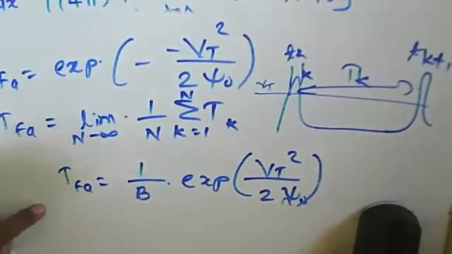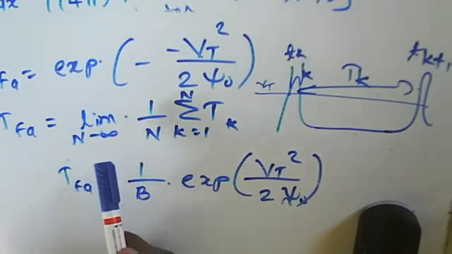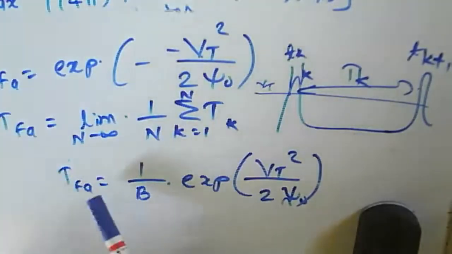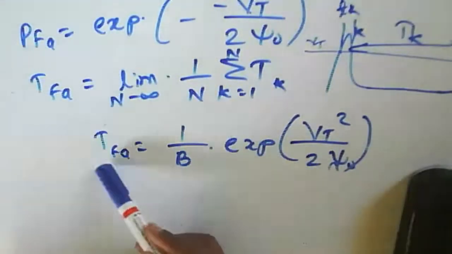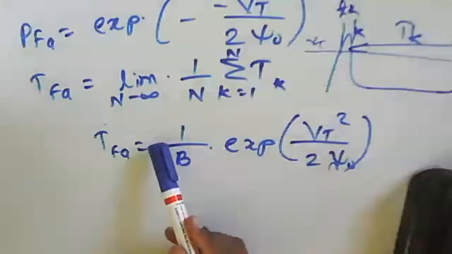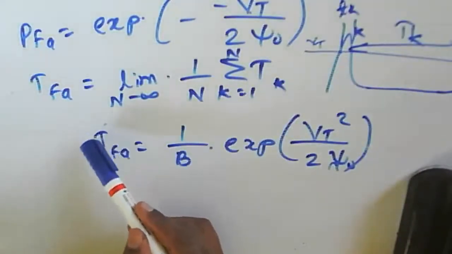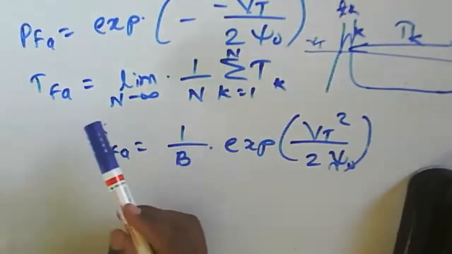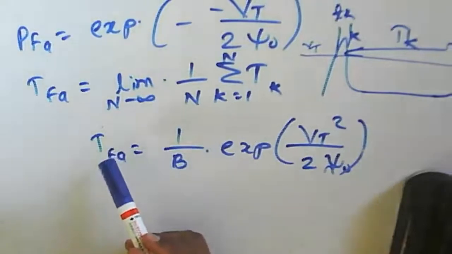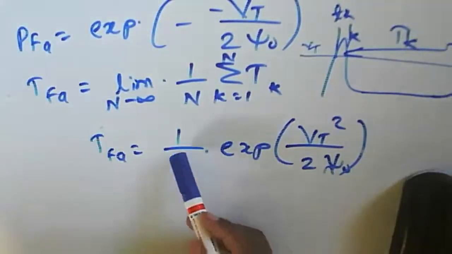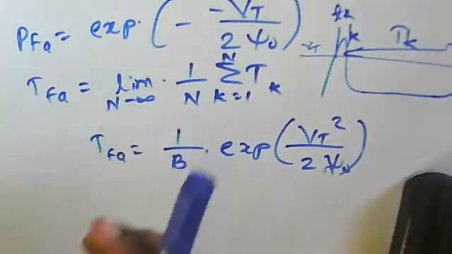So this is the probability of false alarm detection, and TFA is nothing but the false alarm time here. The false alarm time depends upon the probability of false alarm as well as the bandwidth of the IF.